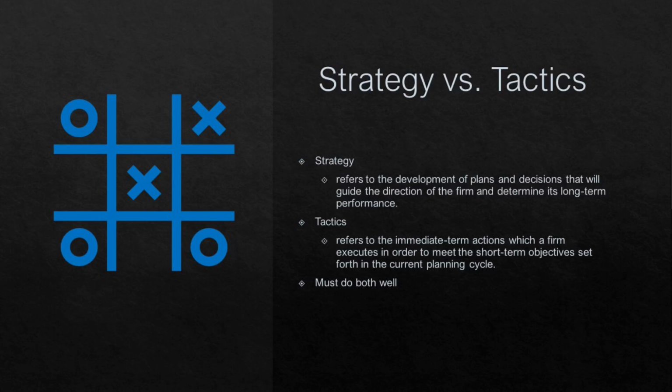We need to talk about strategy. Strategy is a group of plans that tells us the direction that we are heading towards. Strategy is the decisions that allow us to go from point A to point B. Strategy focuses on the vision of the firm and the opportunity it believes exists in the market.